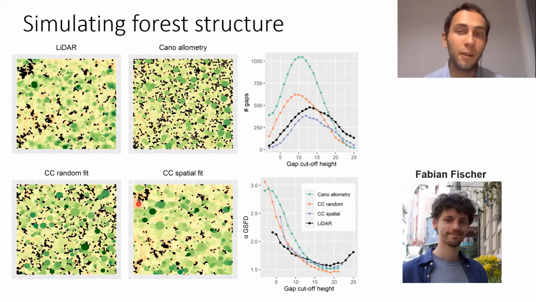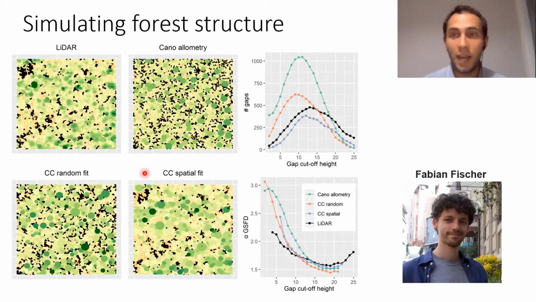But then the spatial fit actually exchanges crowns between trees. So two trees of similar sizes could have quite different crowns because of the uncertainty in the allometry. And in the spatial fit one, it shifts around those crowns between trees to better fit the actual spatial variation observed in the LiDAR.